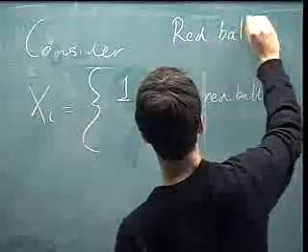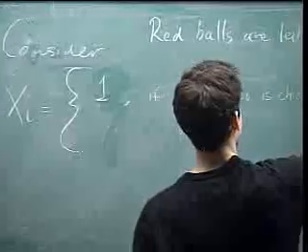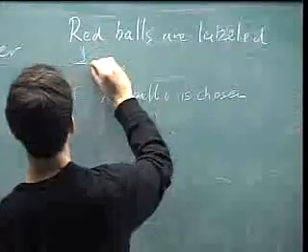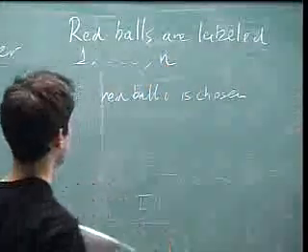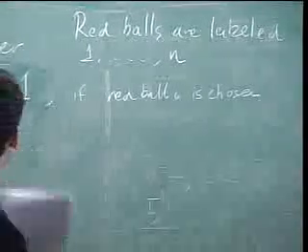Let's say that the red balls are labeled arbitrarily 1 to n. So we just find a way to differentiate between them.